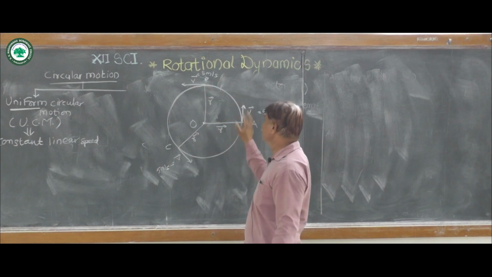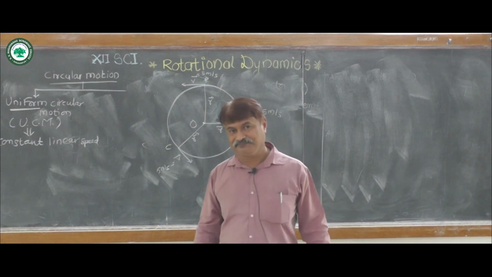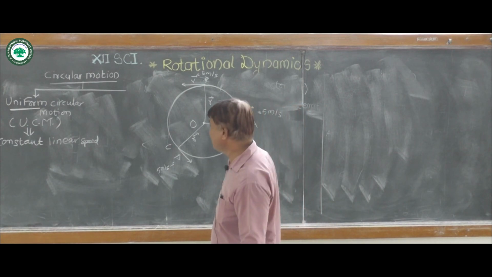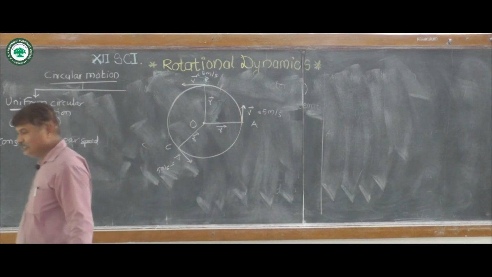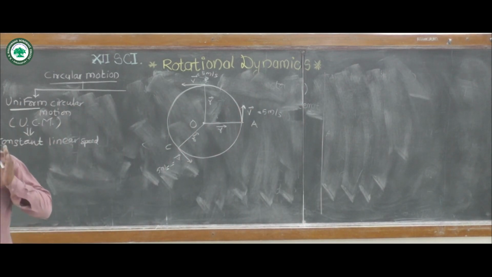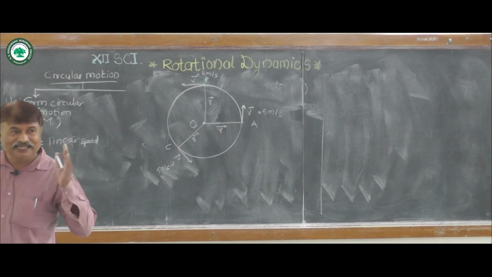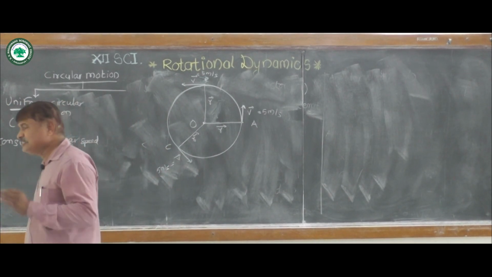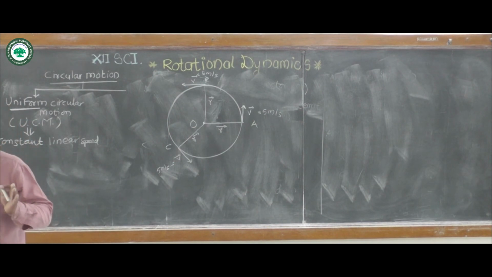If you compare both, this direction continuously goes on changing tangentially, and that's why we can say that in a uniform circular motion, the linear speed of an object remains constant, but the linear velocity goes on changing due to the change in the direction of velocity.